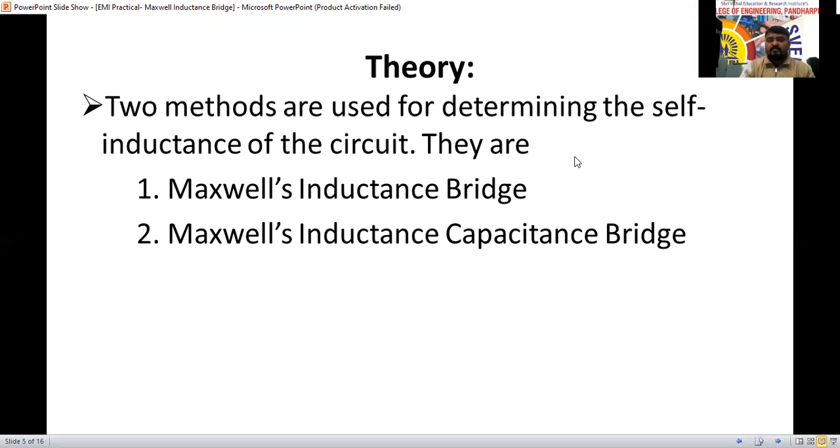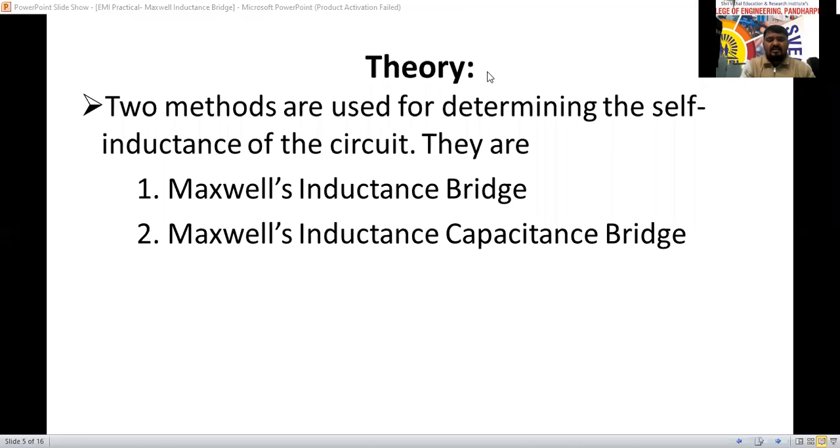For that reason, if the circuit consists of resistance and inductance only, that bridge is called the Maxwell inductance bridge. If the circuit consists of all the components, resistance, inductance, and capacitance, that bridge is named the Maxwell inductance capacitance bridge.